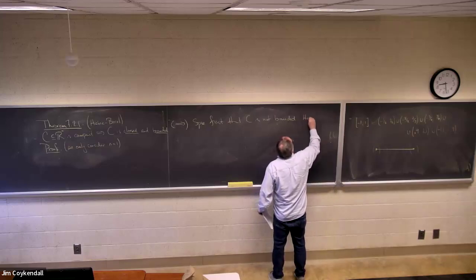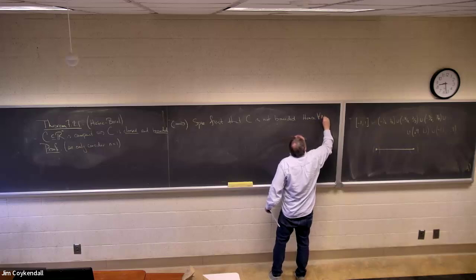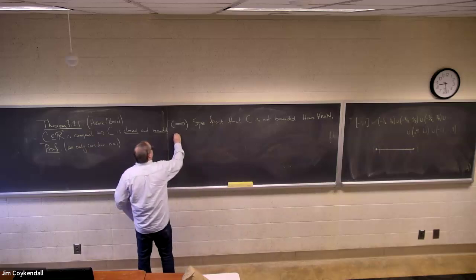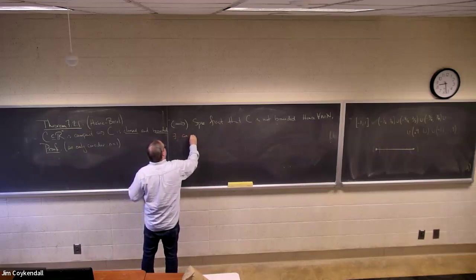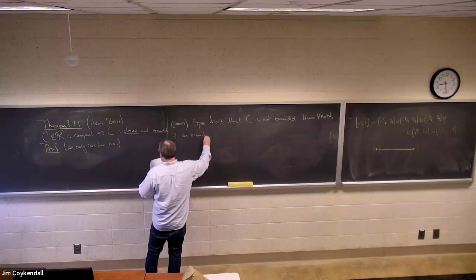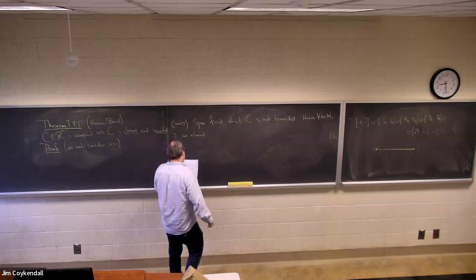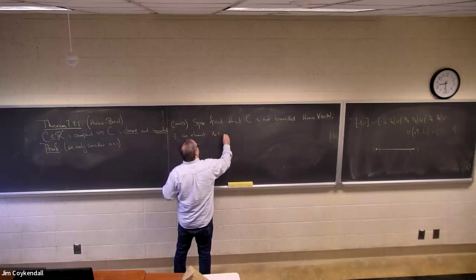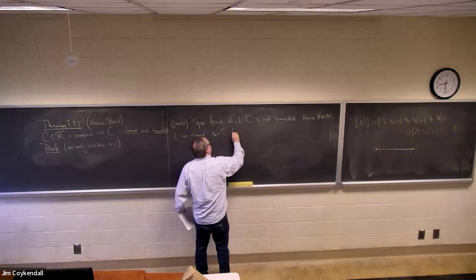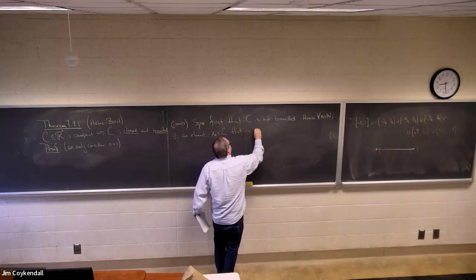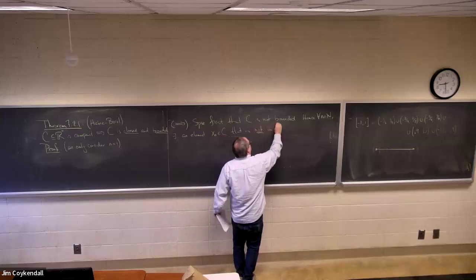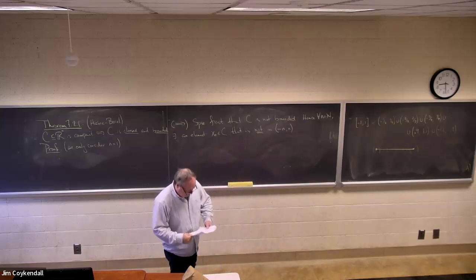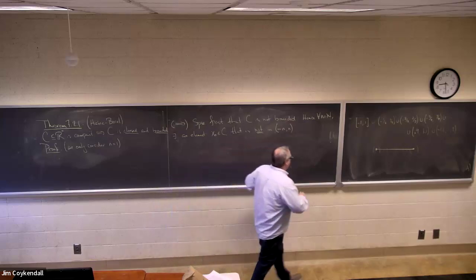It's for all n in the natural numbers, there exists an element x_n in C with absolute value greater than n.